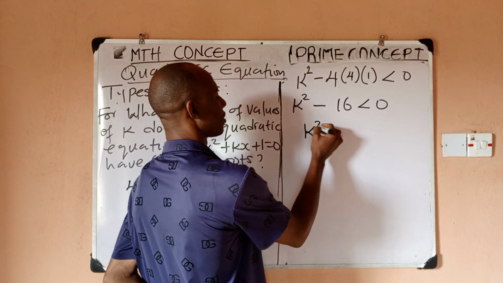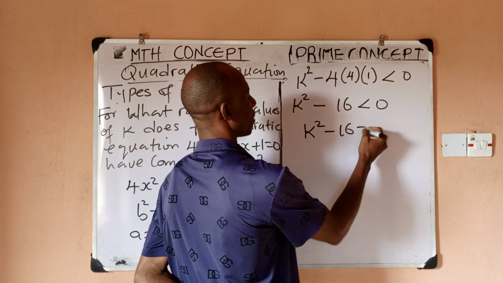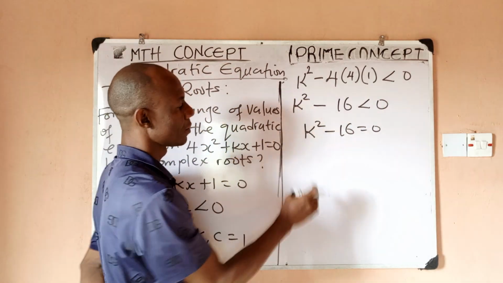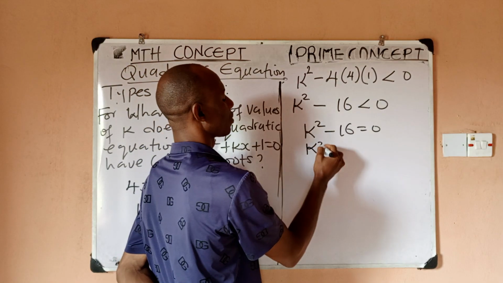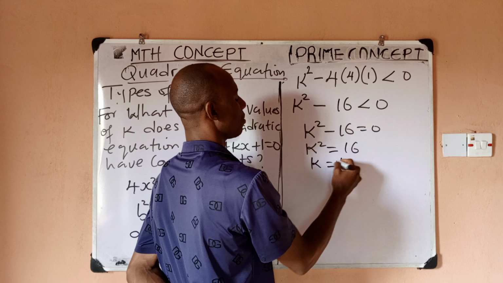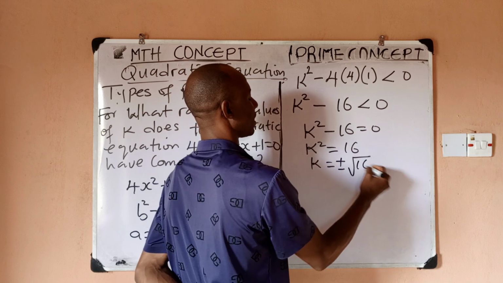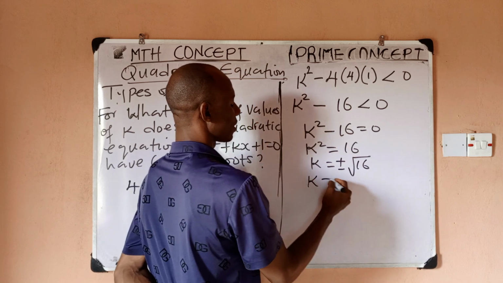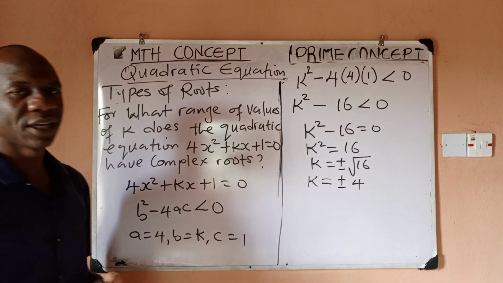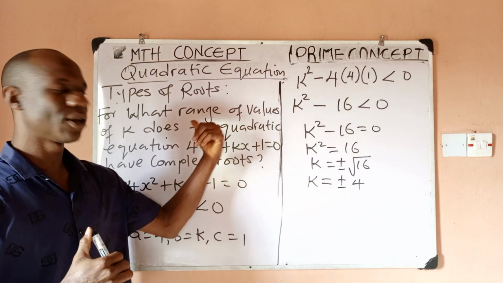So I have that k squared minus 16, I would equate to 0. I'm ignoring this for now, right? Now, I would have that k squared is equal to 16, so that k becomes plus or minus square root of 16, and then k becomes plus or minus what? 4.